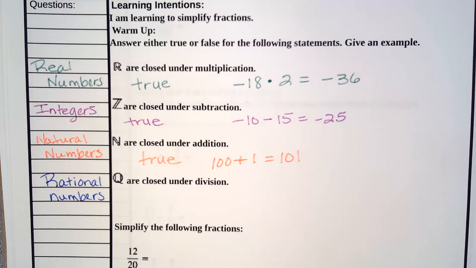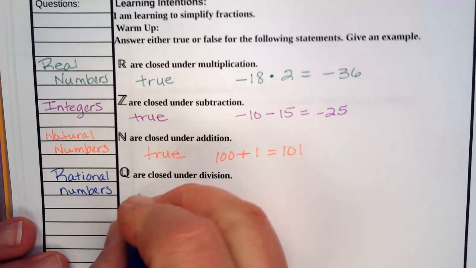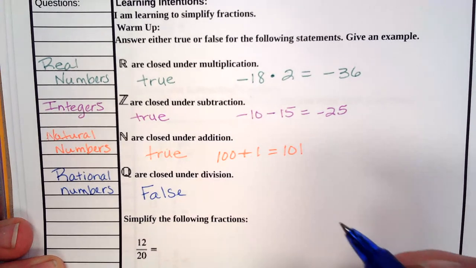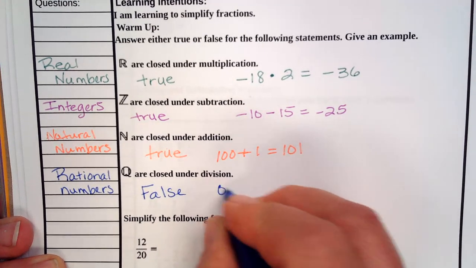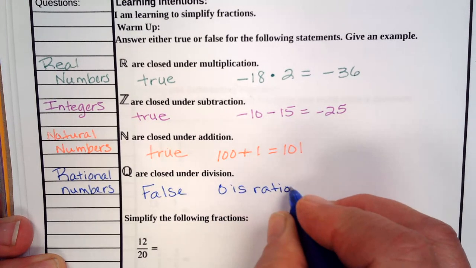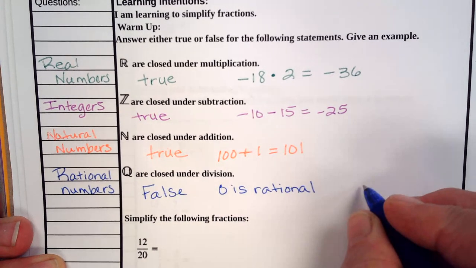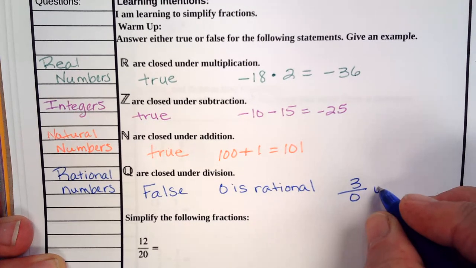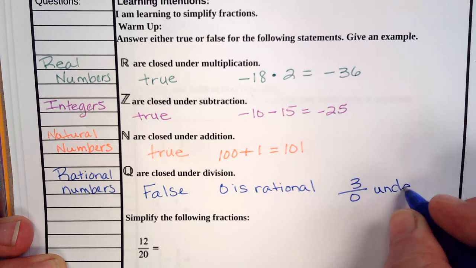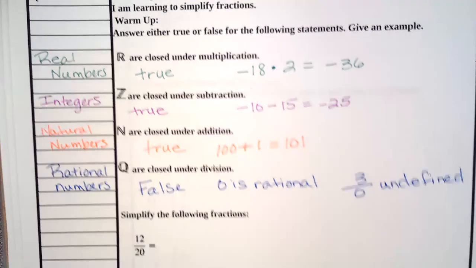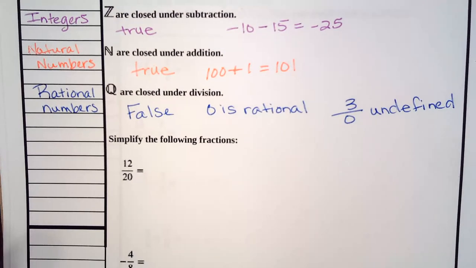Do you know what that is? That's the number 0. Zero is a rational number, but 3 divided by 0 is undefined. We can't do it. Okay, so now we're going to go into the simplifying again.